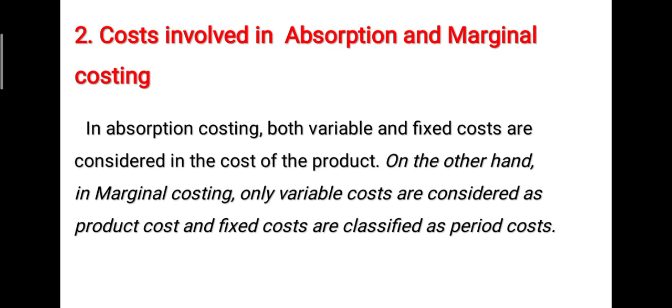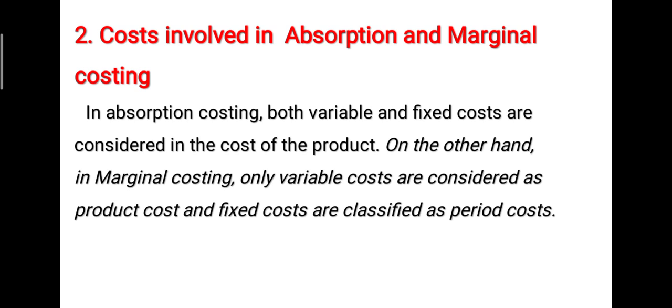So the next difference is the costs involved. In absorption costing, both variable and fixed costs are considered in the cost of the product. On the other hand, in marginal costing, only variable costs are considered as product costs and fixed costs are classified as period costs.